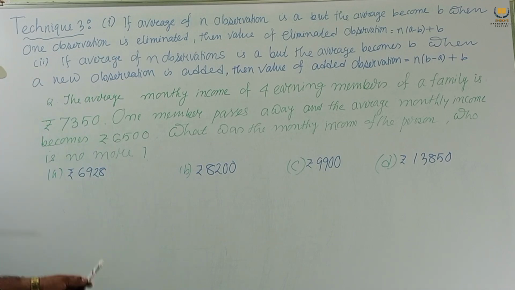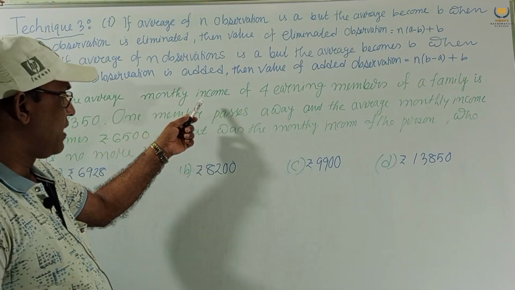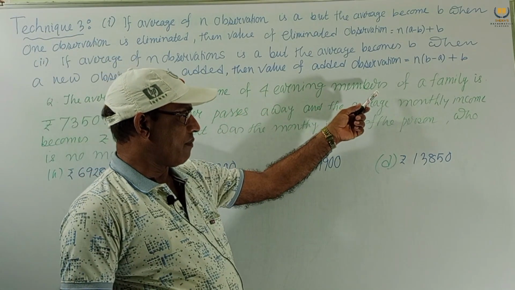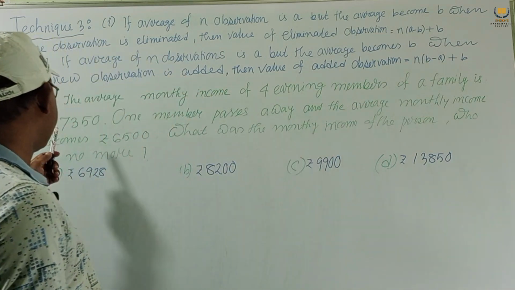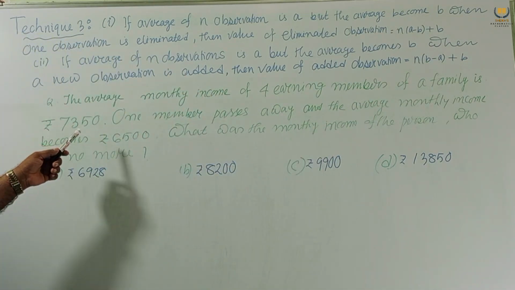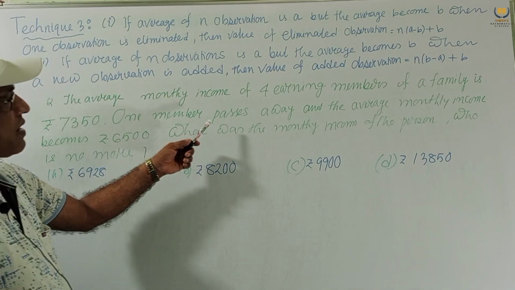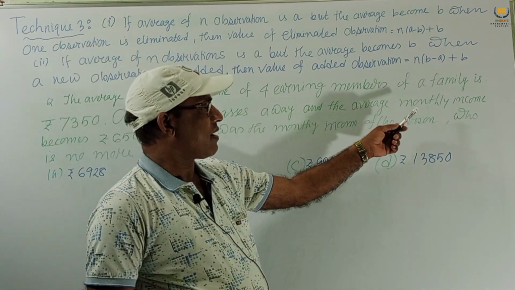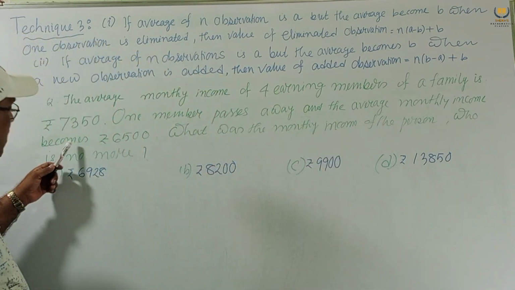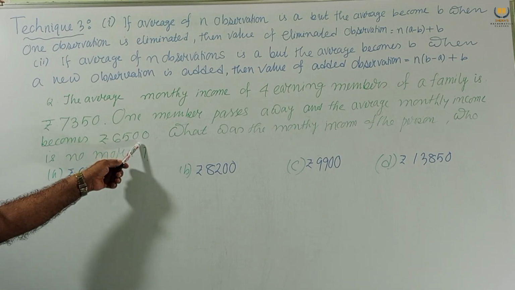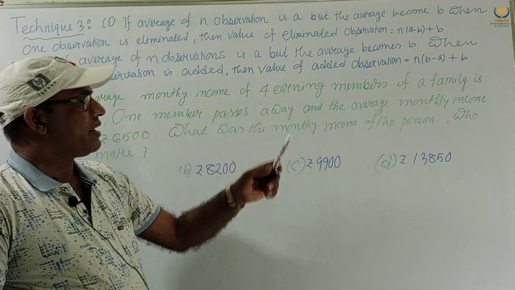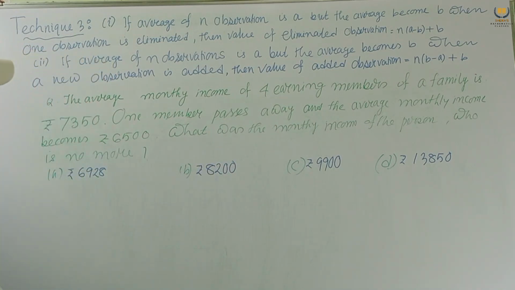Consider another problem. The average monthly income of 4 earning members of a family is rupees 7350. One member passes away and the average monthly income becomes 6500. What was the monthly income of the person who is no more?